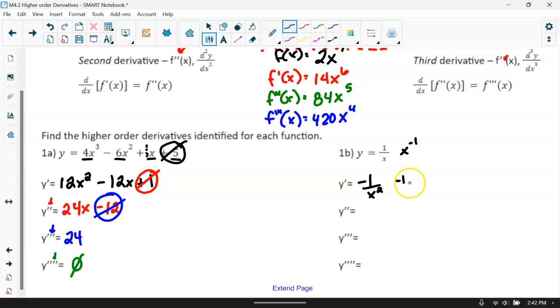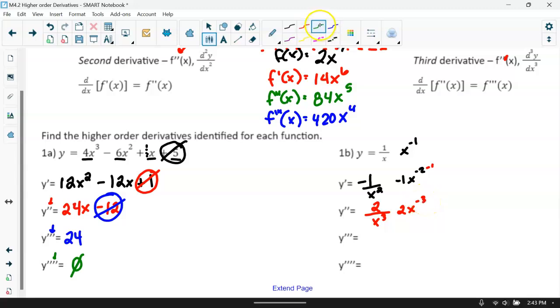This is like negative 1 times x to the negative 2. Keep that in mind. Then for the second derivative, this is now a positive 2 over x to the third, because again we subtract 1. So this is 2x to the negative third.